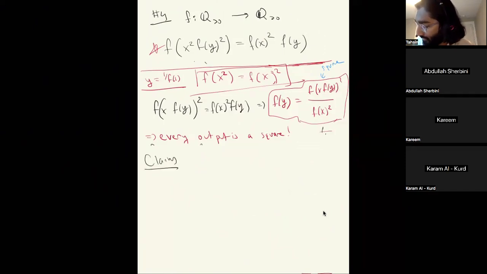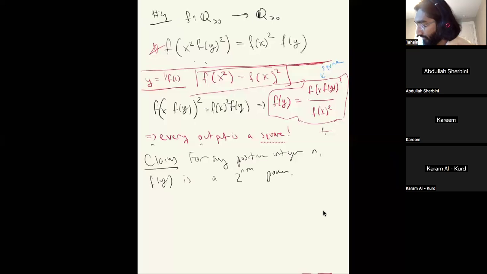So you say, claim: for any positive integer n, f of y is a 2 to the nth power. Okay, and then the proof is by induction.